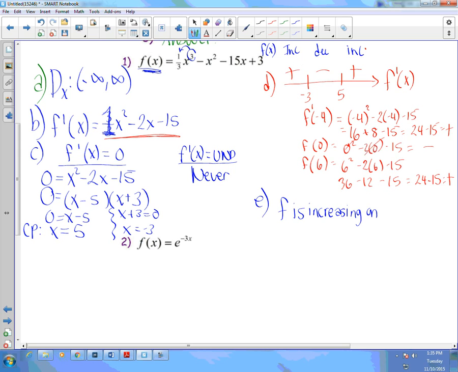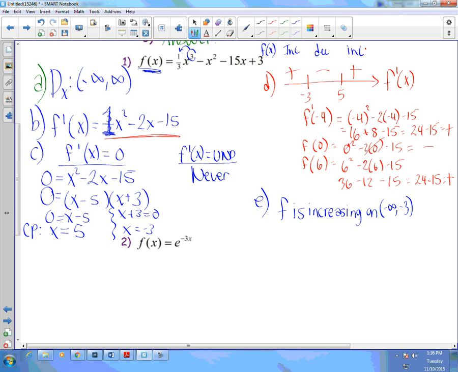What do we call this section? Negative infinity to negative 3. What you were talking about is inequality notation, which also works. So x would have to be less than negative 3, but not equal to. That would also work. But generally, I do interval notation: from negative infinity to negative 3.